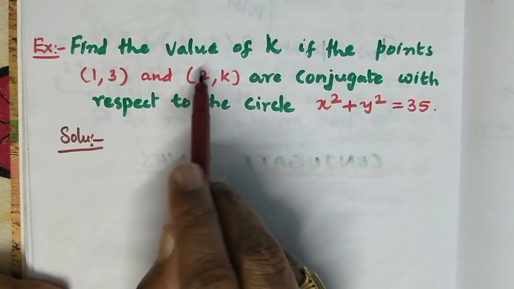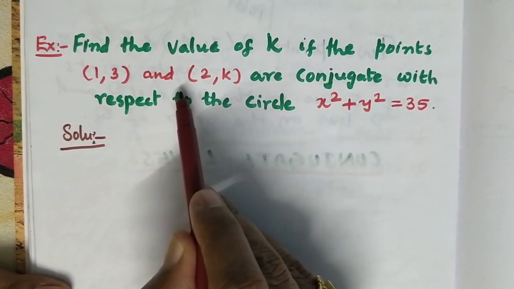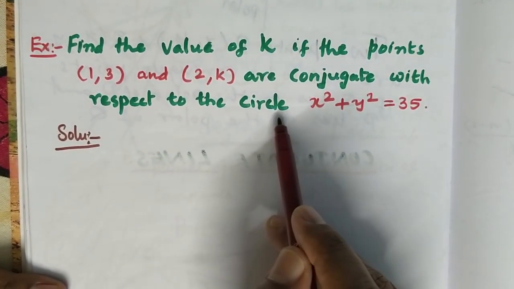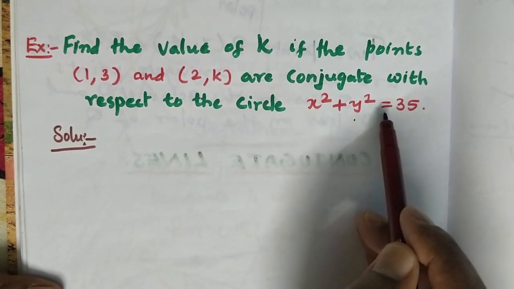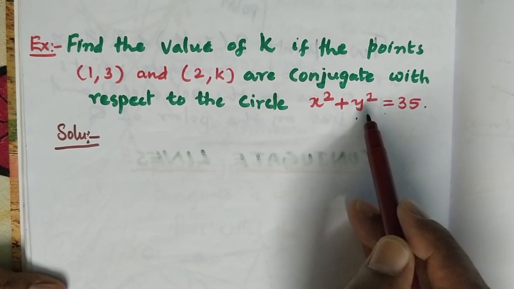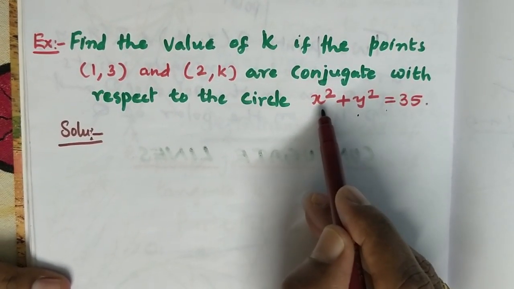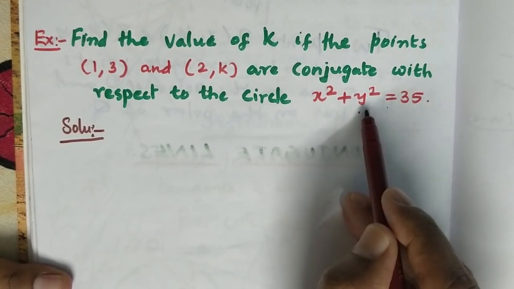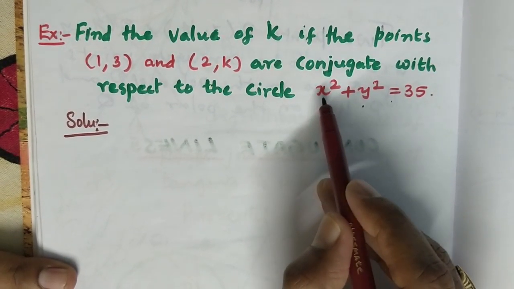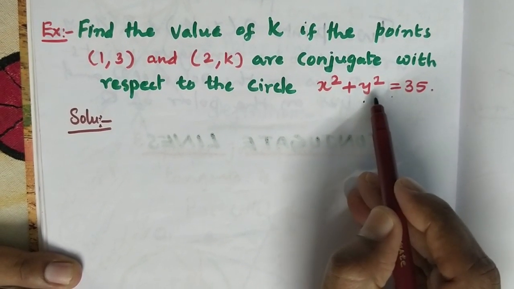Find the value of k if the points (1, 3) and (2, k) are conjugate with respect to the circle x square plus y square = 35. Okay, what is the condition? Previously you know that it is x1 x2 plus y1 y2 plus c = 0. In place of x square, I write x1 into x2, and in place of y square, y1 into y2.